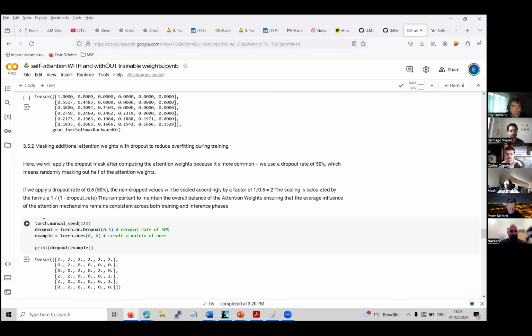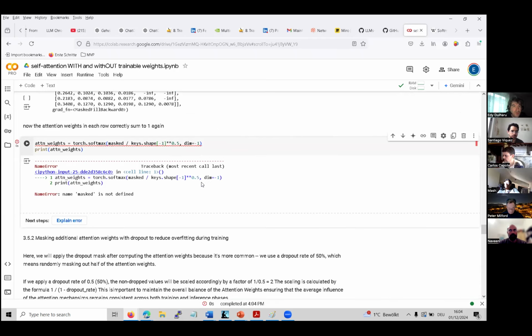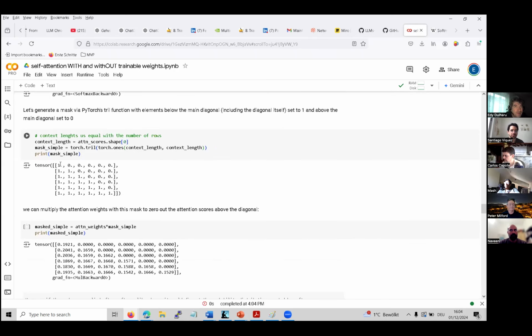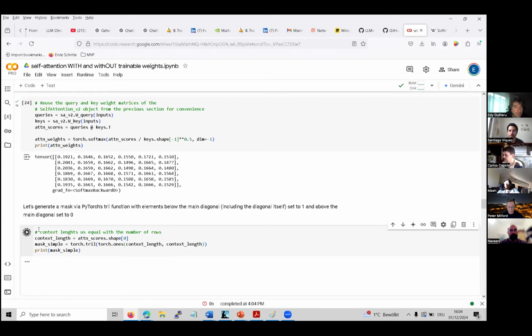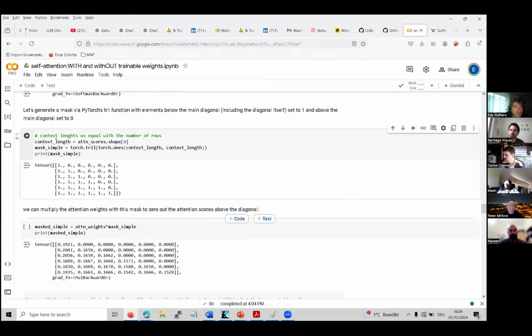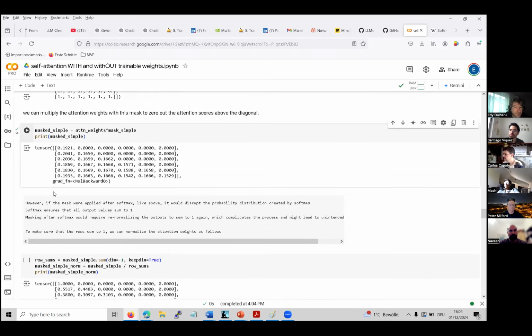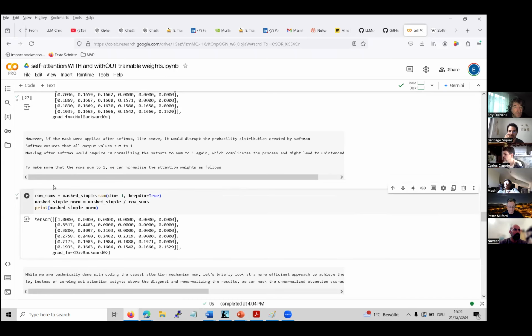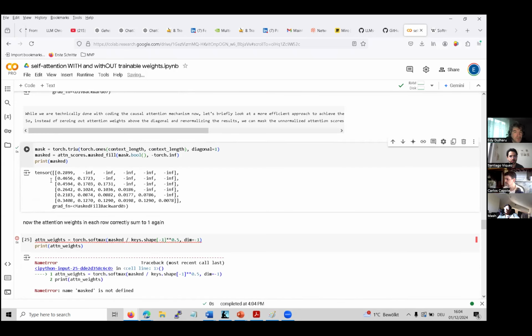So now when we make this multiplication, I have an error. So this was the zero-out approach, and now the infinite approach.